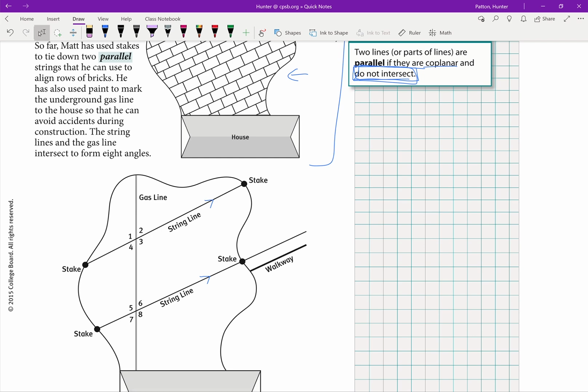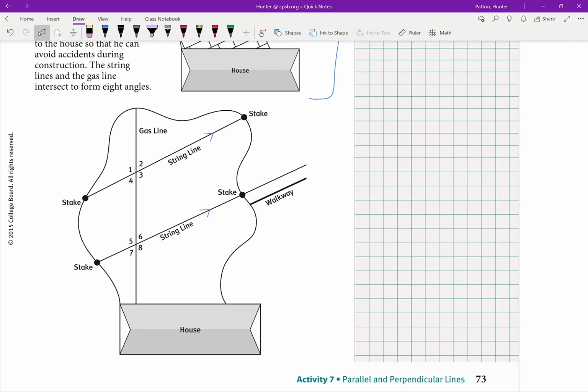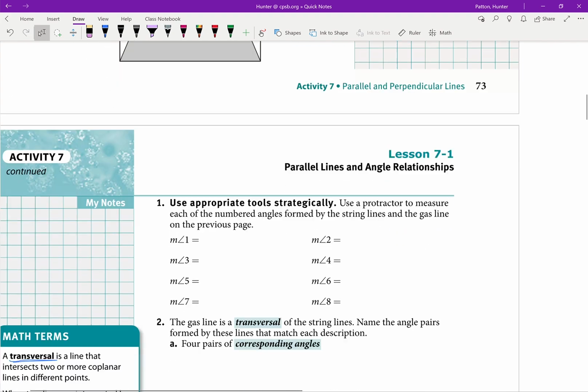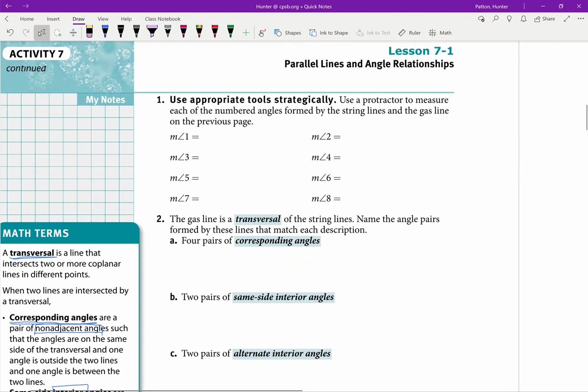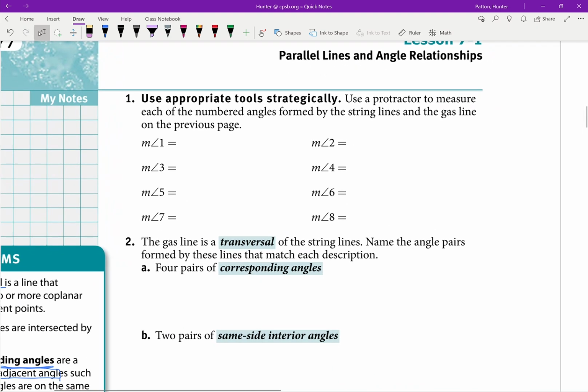When using a protractor, we put the center of the protractor on the vertex of the angle, and we find the angle. In my previous video, I posted a video on how to use a protractor, so if you do not remember, please reference that video.